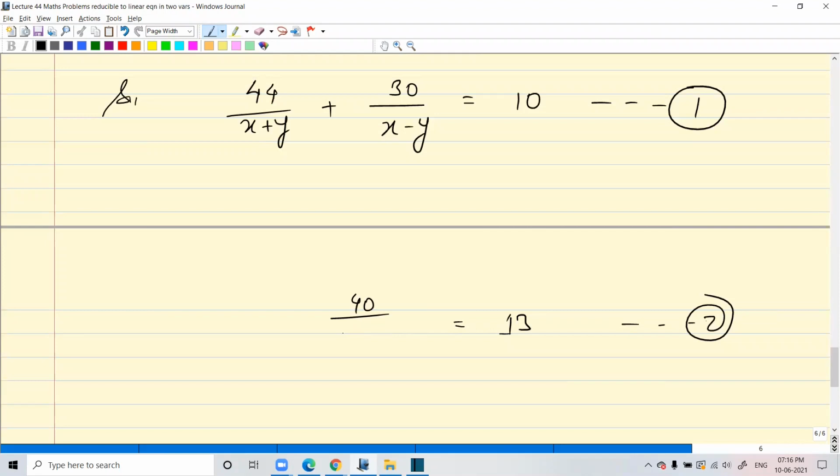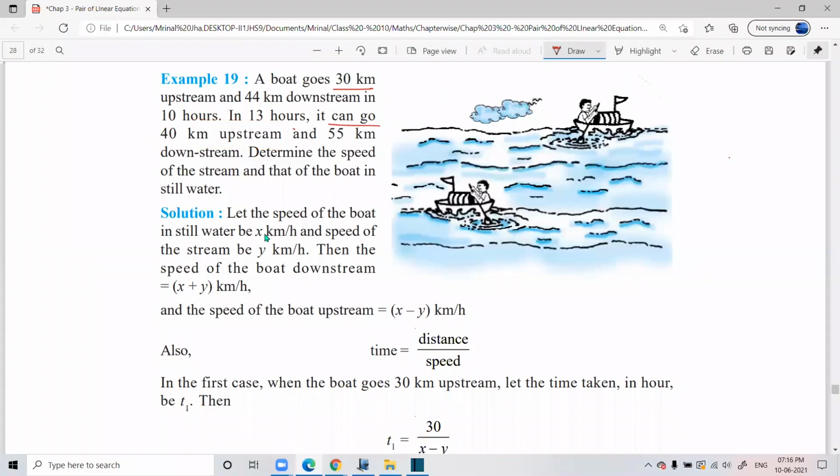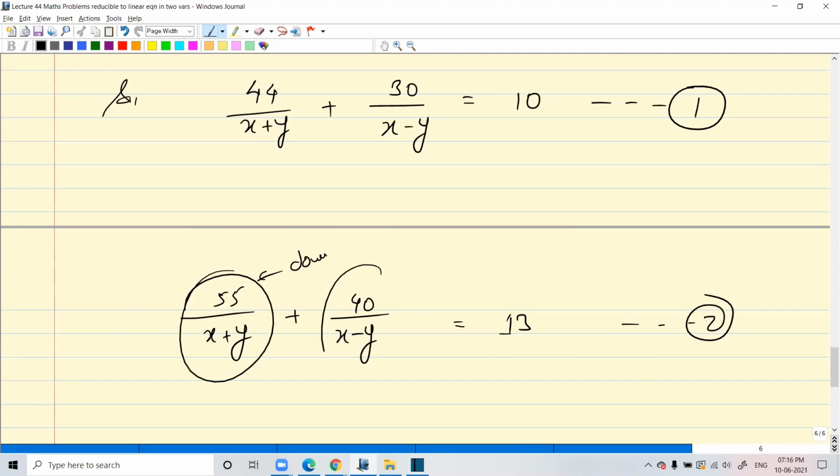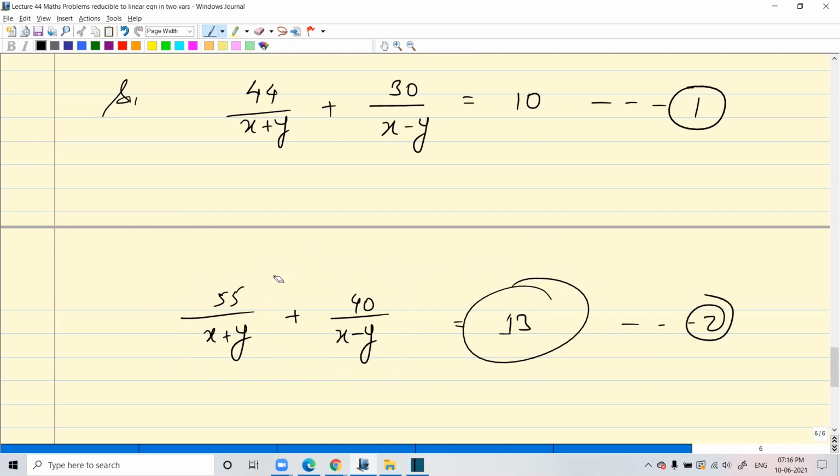So 40 by what was the upstream speed? x minus y. And 55 kilometer downstream. So 55, what should I put below that? Of course, x plus y, no? This is your downstream speed, downstream time. This is your upstream time, and total it should be equal to 13.